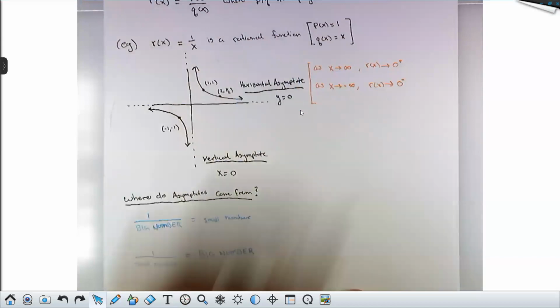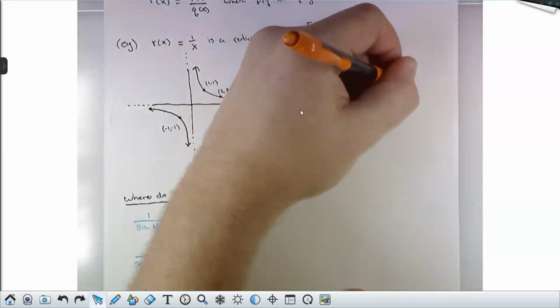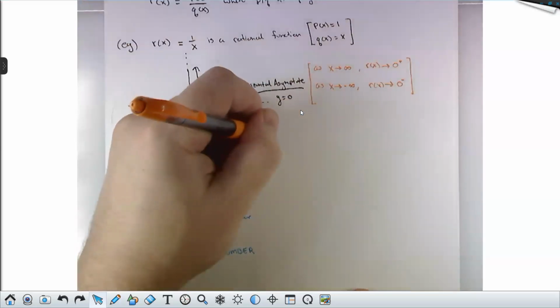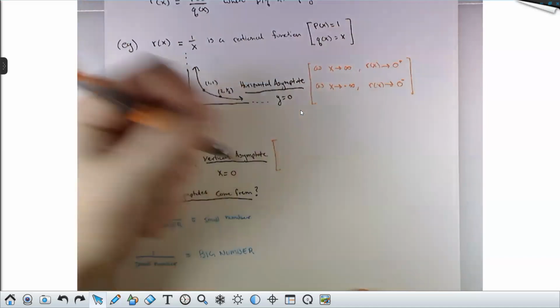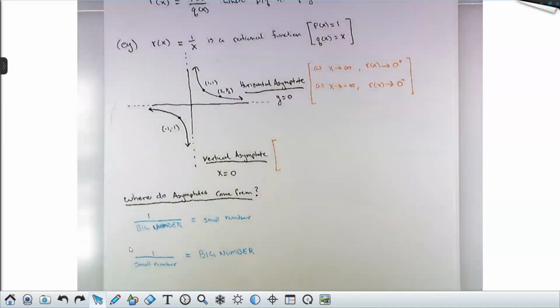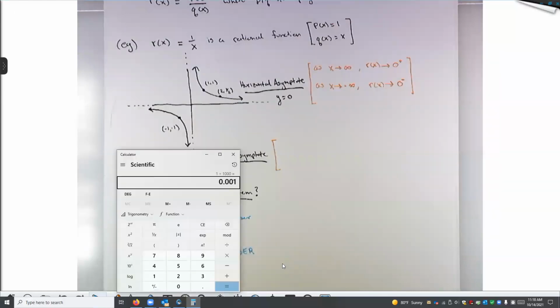And we can use the goes to notation to describe the vertical asymptote also. The vertical asymptote is coming from the second fact, that if you take 1 and you divide it by a very, very small number, a number that is close to 0, you're going to get a very, very big number. And I can show you some numerical evidence for that. If I take 1 and I divide it by 0.1, I get 10.